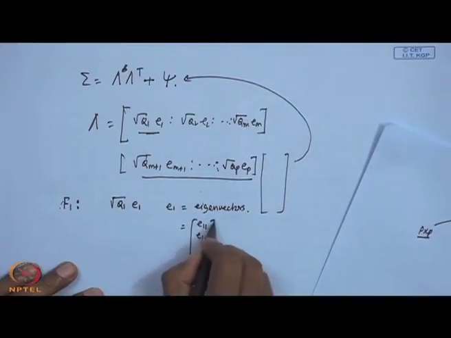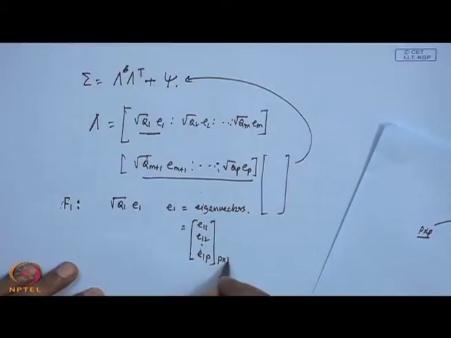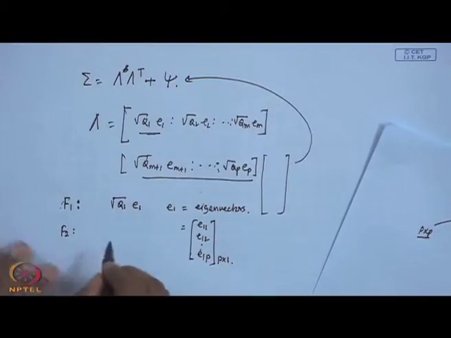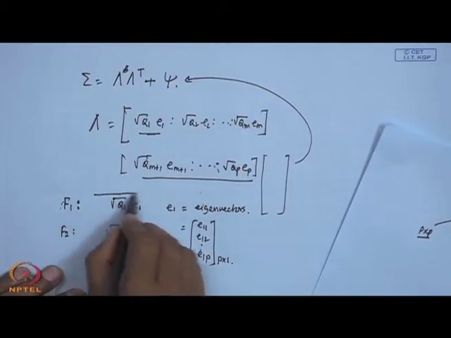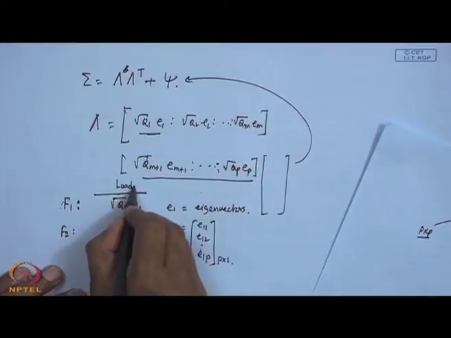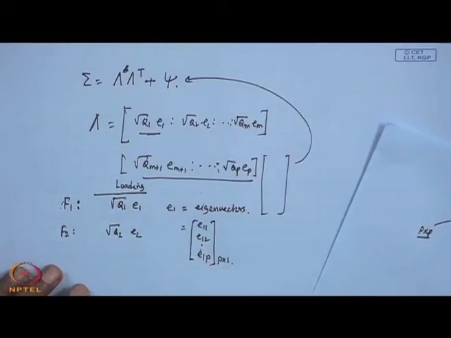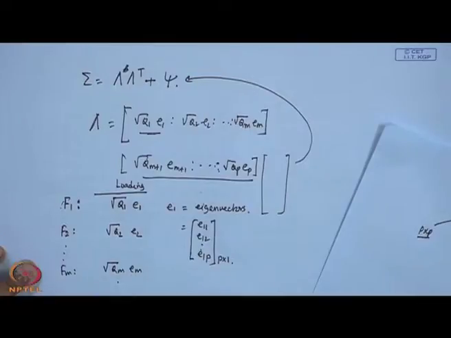How many variables are there? P variables, so P cross 1. For factor 2, it will be root Q2 E2. I am talking about the loading part. Similarly, for factor m, this is root Qm Em.